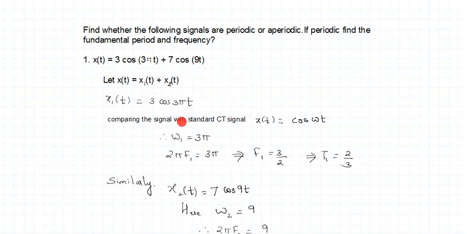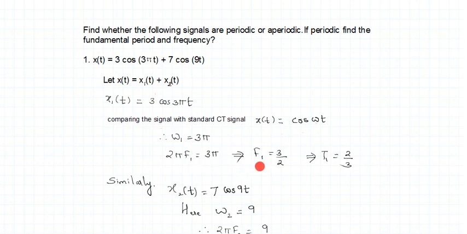I call it omega 1 because I have two omegas to be calculated. So omega 1 is 3 pi. With this I get 2 pi f1 equals 3 pi, where f1 is the fundamental frequency of the first part of the signal, x1(t).